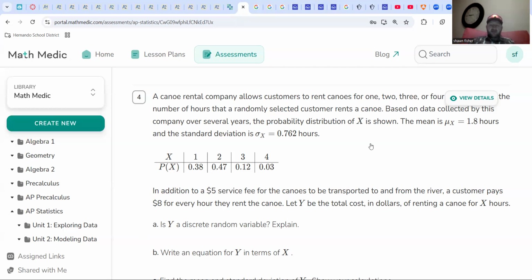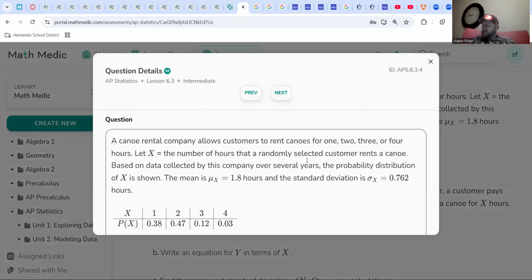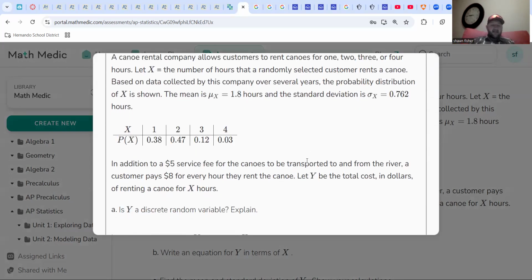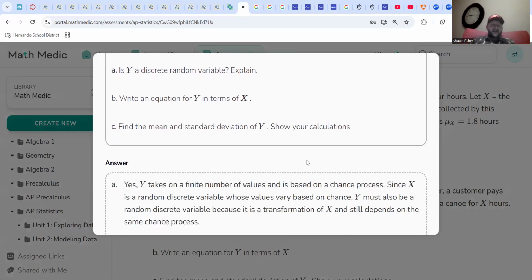Is it discrete? Okay. So it does take a finite number of values based on a chance process. X is a discrete random variable based on chance. Y must also be.